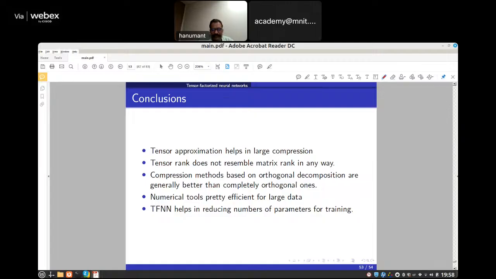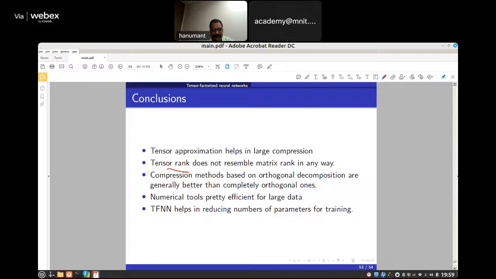We have seen that by retaining only 0.2% of the data, we were able to see something there. Another problem is that we do not have a perfect definition of tensor ranks. With matrices we have a perfect rank definition, but not for tensors.